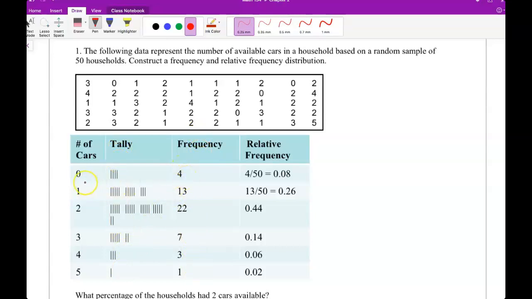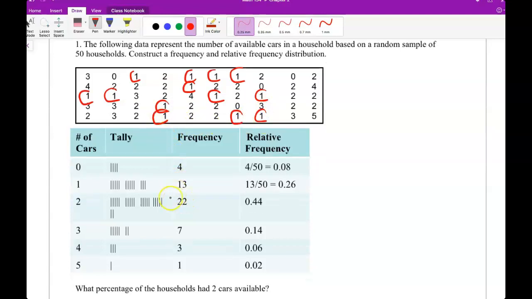How many times do we have 0 in this table? 4 times. The next one, number of cars is 1: 1, 2, 3, 4, 5, 6, 7, and so in total we have 13.